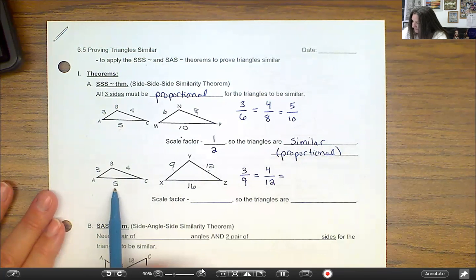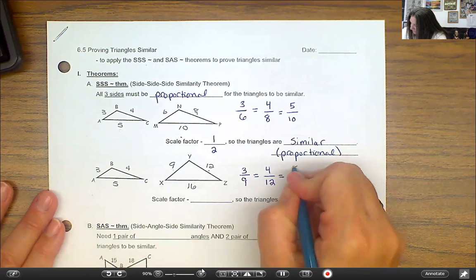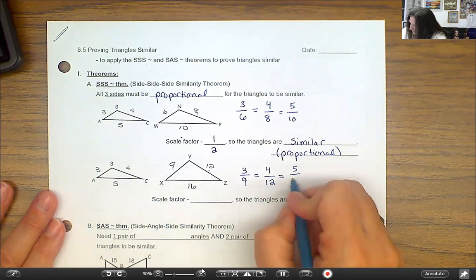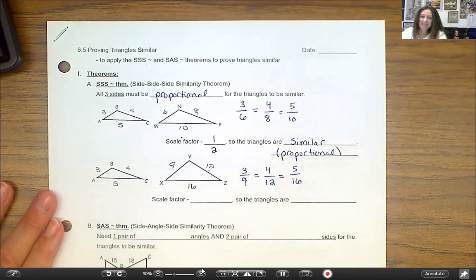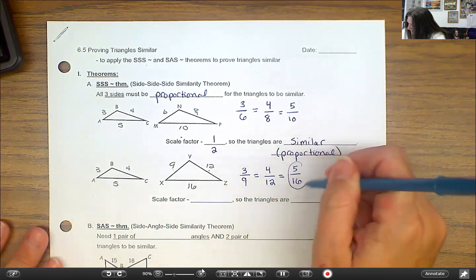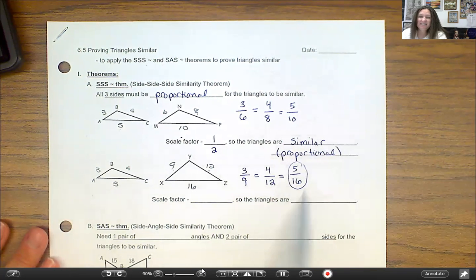So now we look at the largest side over here, which was 5, with the largest side over here, which is 16. Okay, here's the issue in this case. Will 5/16 reduce to 1/3? We should say no. It's close, right?